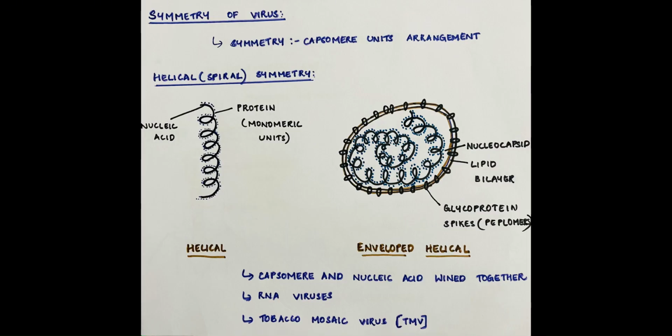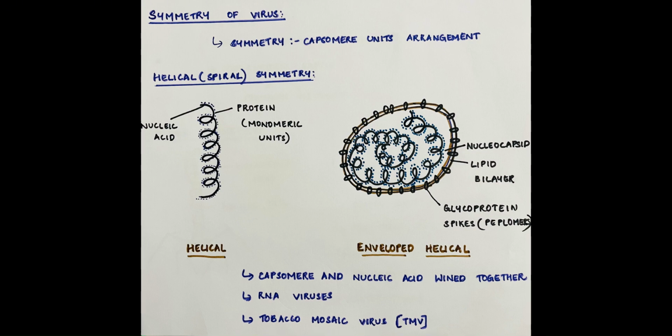Symmetry of virus: symmetry refers to the way in which capsomere units are arranged in the viral capsid. Two kinds of symmetry are recognized in viruses, which correspond to two primary shapes, that is, rod and spherical shape. Rod-shaped viruses have helical symmetry and spherical-shaped viruses have icosahedral symmetry. So first let's discuss helical or spiral symmetry.